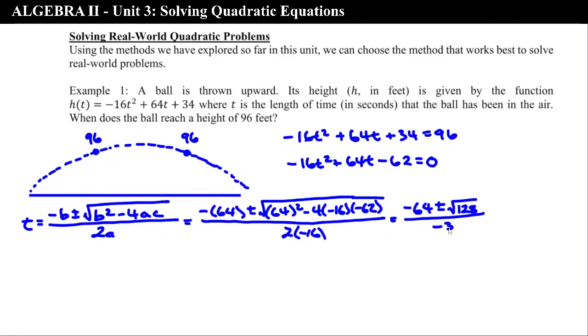Now in these real-world application problems, it's actually not a bad idea to get a decimal answer. Put this into your calculator and see what you end up getting, because negative 64 plus or minus the square root of 128 all over negative 32 doesn't really tell me what the time is. I have no idea off the top of my head. Is that 1 second, 2 seconds, 3 seconds?